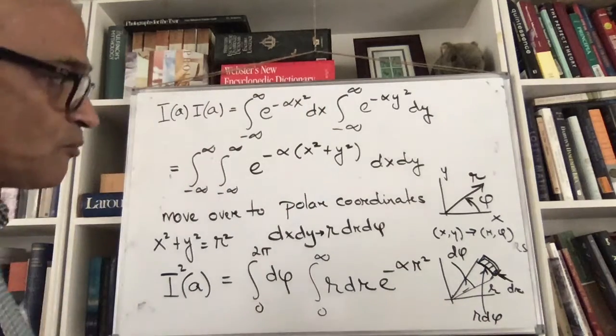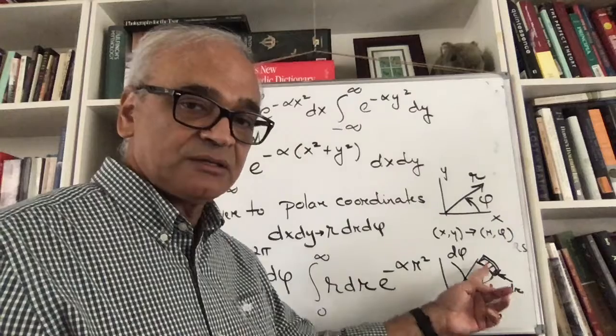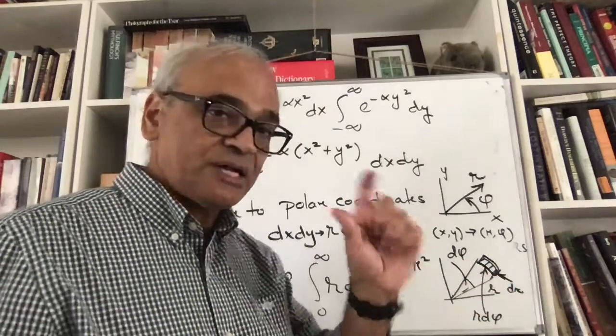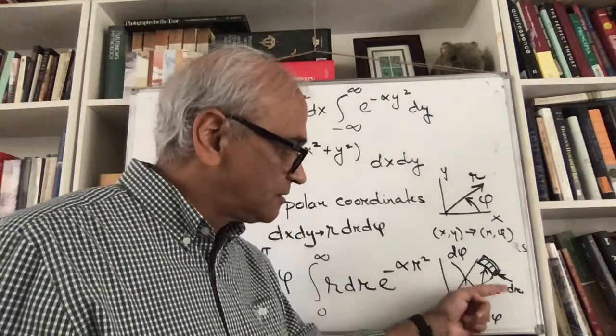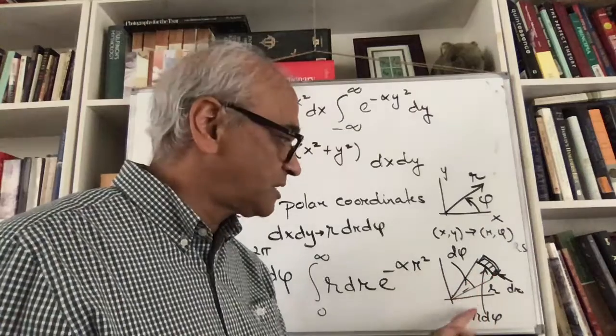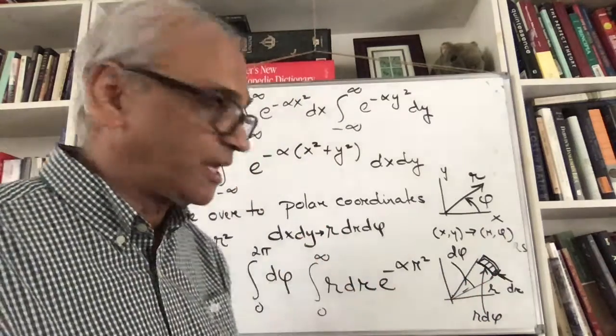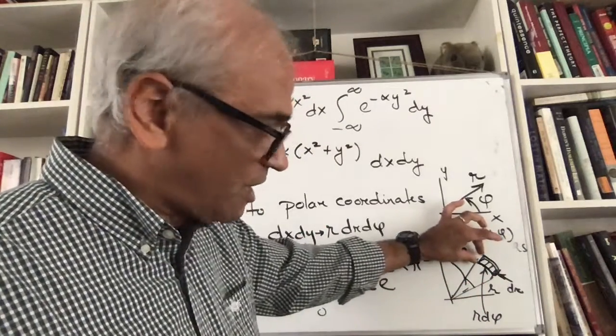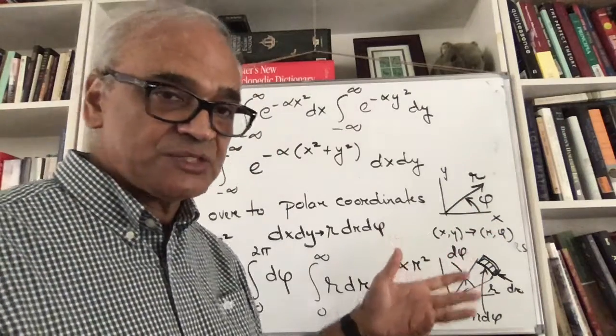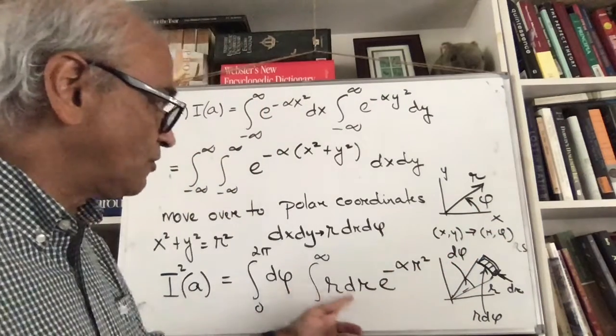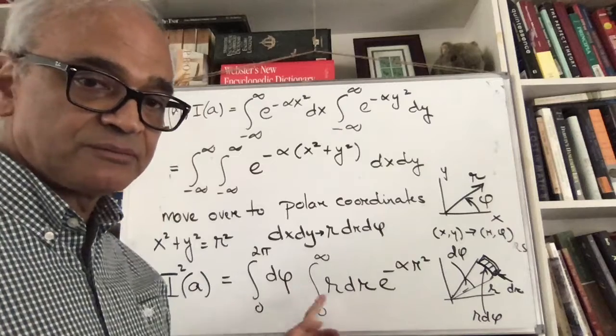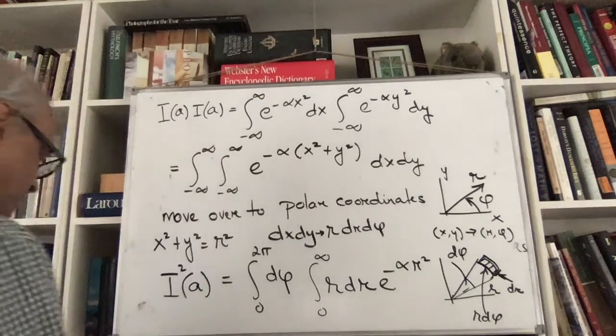If I'm going to make an area here, that arc right there would be r times d phi. You're looking at a very small angle, and then your dr would be the width. So r d phi times dr basically is your area. Okay, you convert it that way.